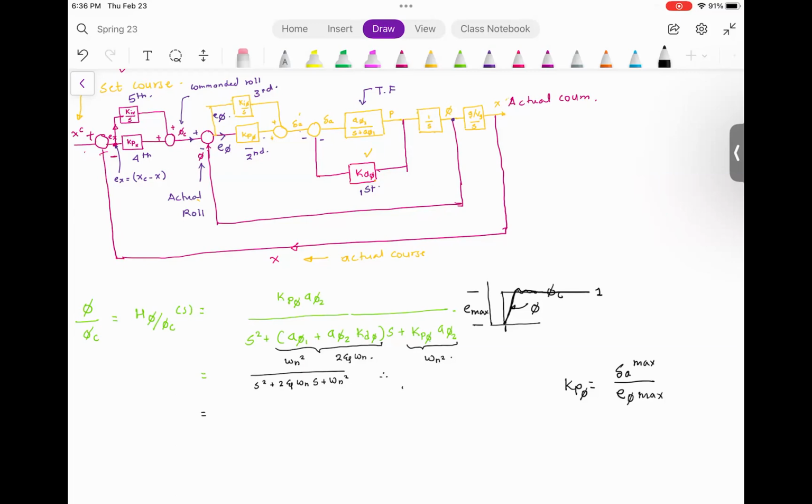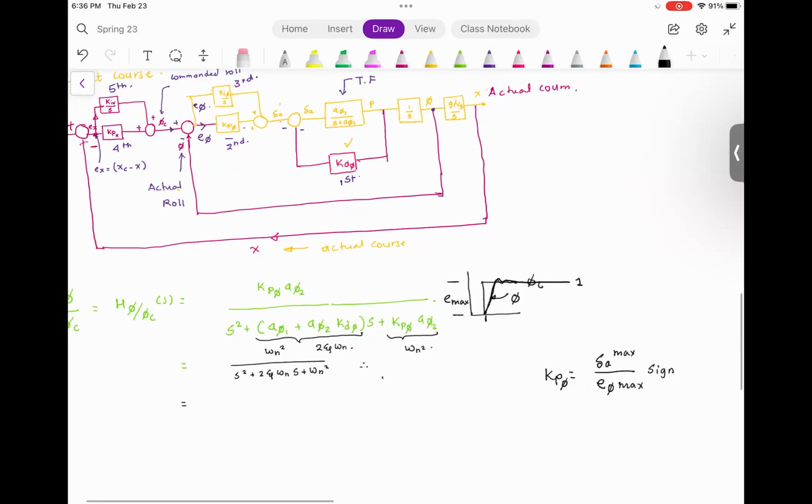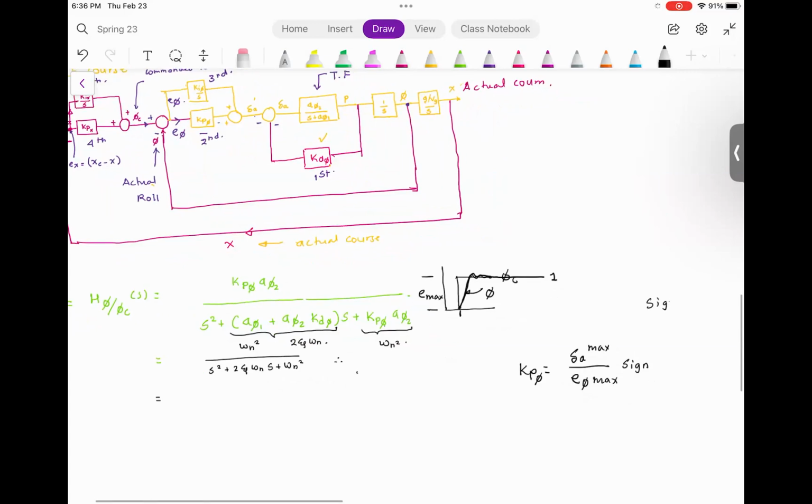And please understand, since your actuators can go up and down, you need to add the sign, which is whether it's plus or minus. SIGN of -5 is -1. SIGN of +5 is +1.